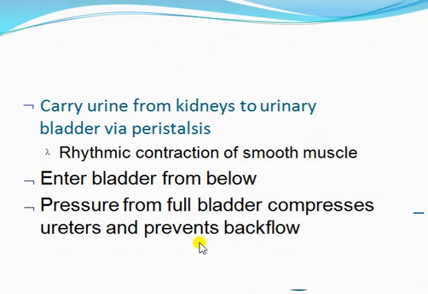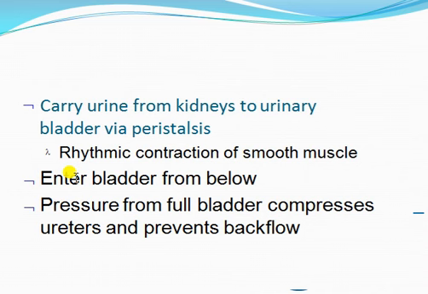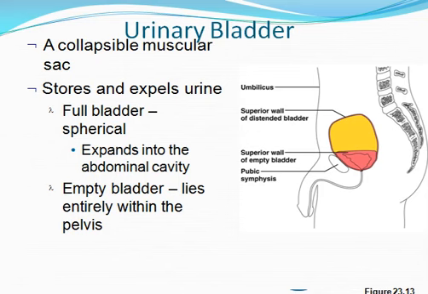Then there is no backflow. It also prevents backflow because of a small diameter, easily obstructed or injured by kidney. This is regarding disease, it is not necessary now, so that's why I deleted.